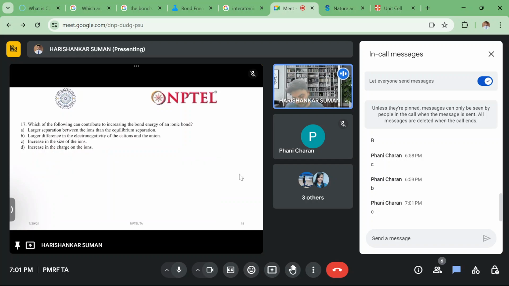Okay. Next, which of the following can contribute to increasing the bond energy of an ionic bond? Less separation between the ions and the equilibrium separation. Less difference in the electronegativity of cation and anion. Increase the size of the ions.